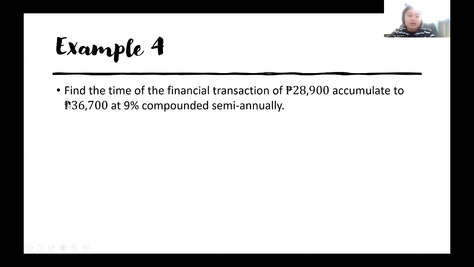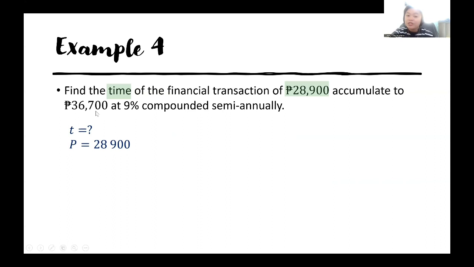This time you are asked to find the time. Find the time of a financial transaction of 28,900 accumulating to 36,700 at 9% compounded semi-annually. So this time you are asked to find the T. 28,900 would be our principal.